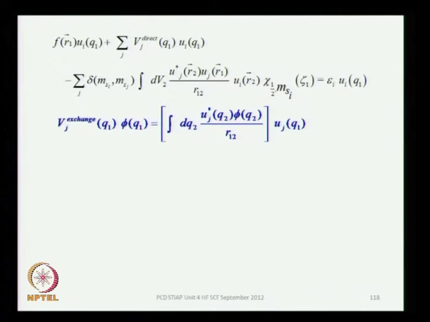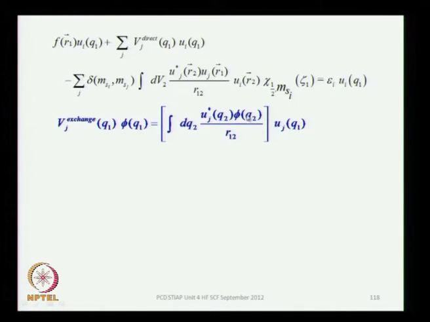There is a certain exchange involved: what appears in the integrand is phi of q2, and what gets operated upon is u_j of q1. So, the j index is the same everywhere, wherever you have the one electron spin orbitals. So, this is j, and this is j.